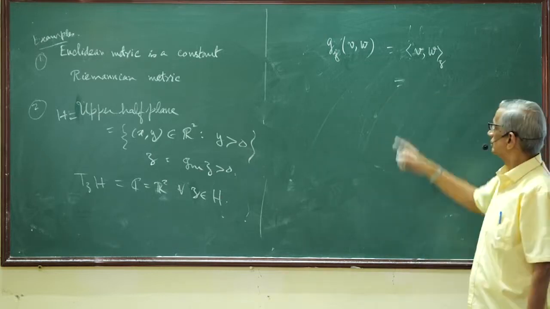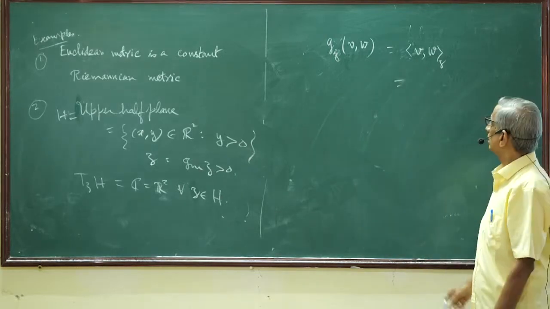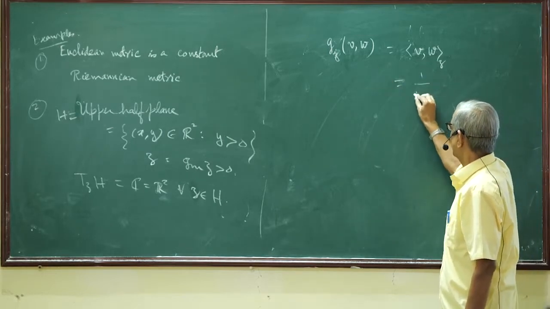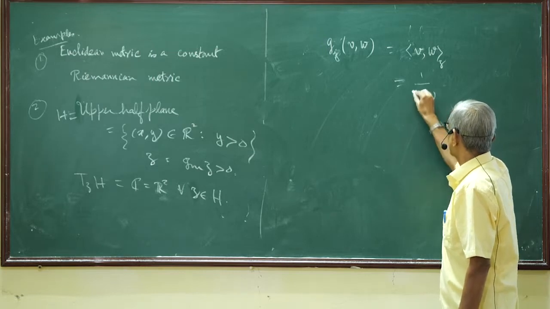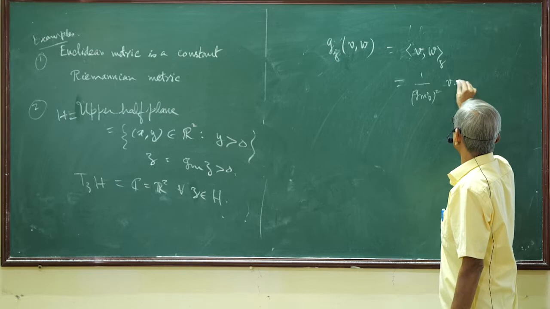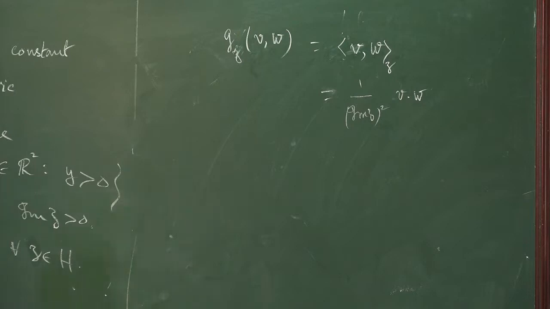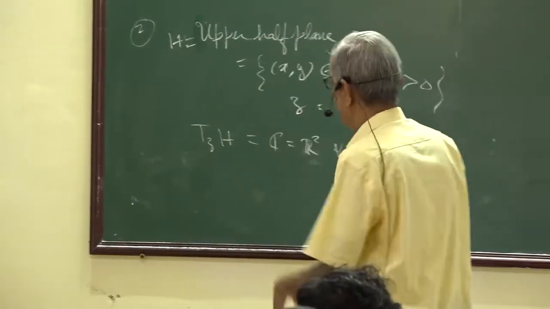As this is the same as that notationally, okay? I am denoting by this. So this is 1 over y square or imaginary z square, the Euclidean inner product. p dot w is the usual inner product in R2. So multiply that by a function 1 over y square. Okay? This is the Riemannian metric on H.